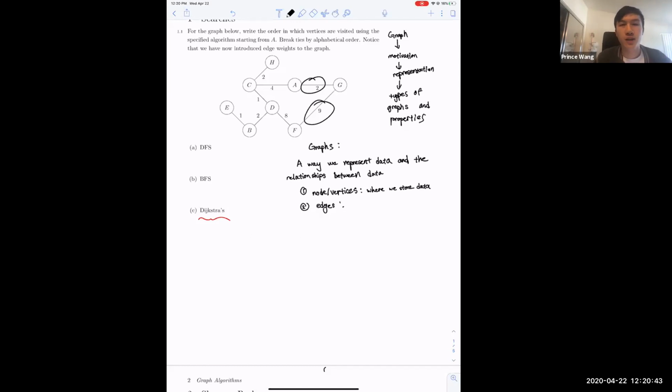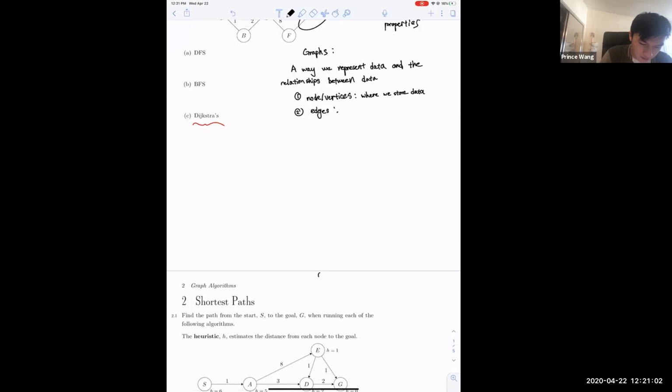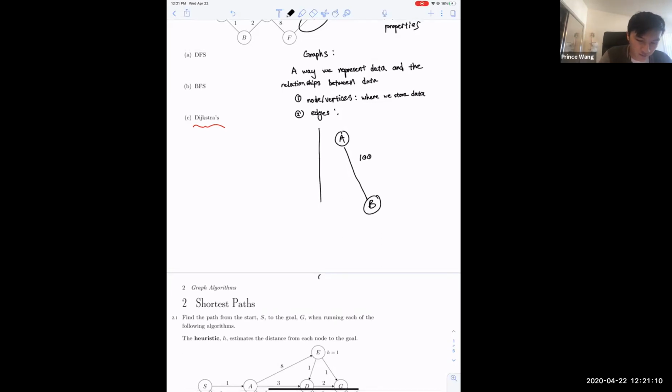A way you can do this searching is to represent each city, each of the locations, as a node or vertex in a graph, and their corresponding distance as the edges. So maybe city A and city B, and say their distance is 100 miles, and this will be a simple graph like this.